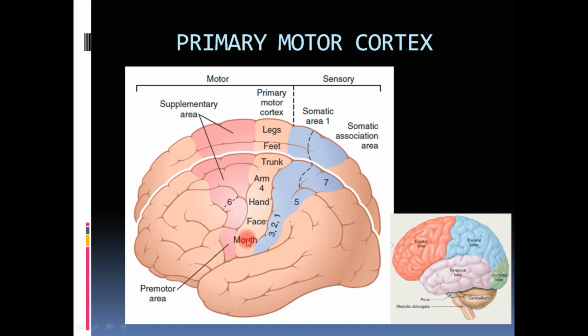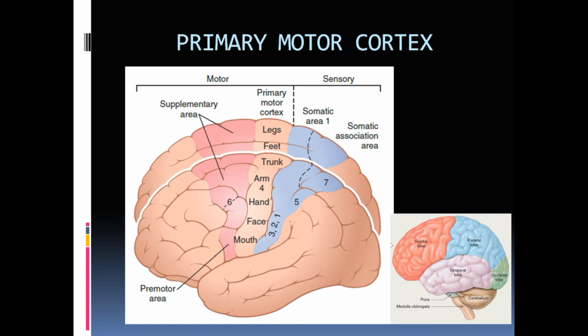So when we stimulate this area, what will happen? The cell body will get an action potential. That action potential will then travel through the descending tract to the local neuronal circuitry. From there the final common pathway, or the lower motor neuron, will be stimulated, and that will supply the muscles, give an action potential to the muscle, and cause contraction of those muscles.